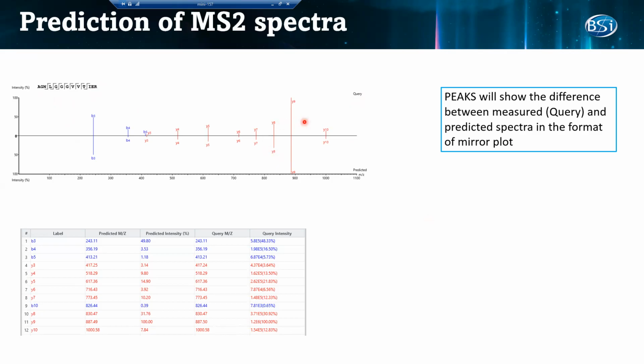You can compare these two to see if they are very close. Here we also give you what we call the matched table. You can check the predicted m/z, and most importantly the predicted relative intensity, to see if we can cover most of the peaks and the most abundant peaks.